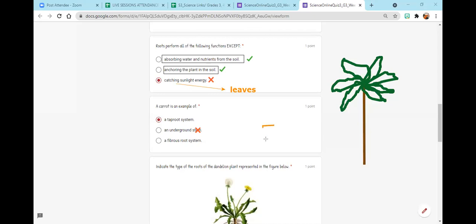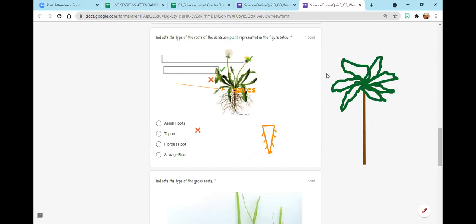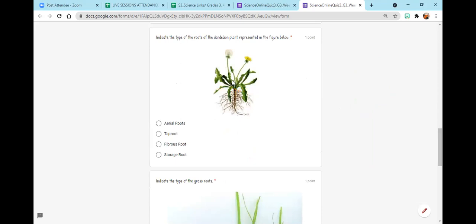Here is the carrot. The carrot grows under the ground. It's a storage room, and it has a main line with small sidelines. The carrot that you eat is a root and not a stem. It is considered a taproot system since it has one main line with smaller sidelines. Look at this plant.